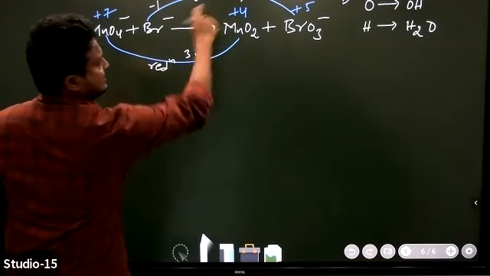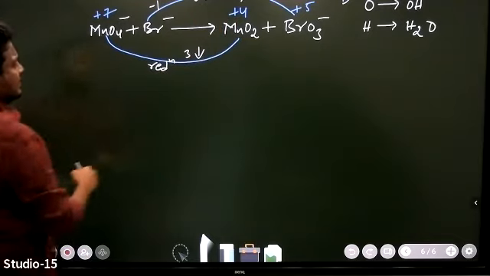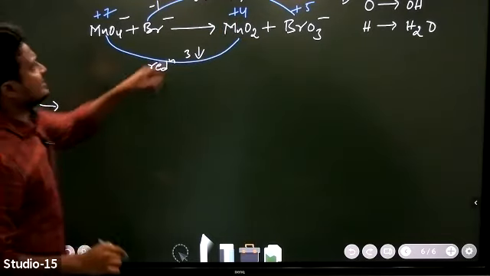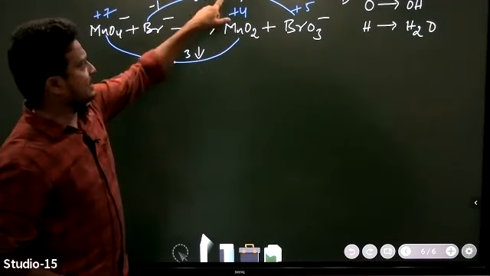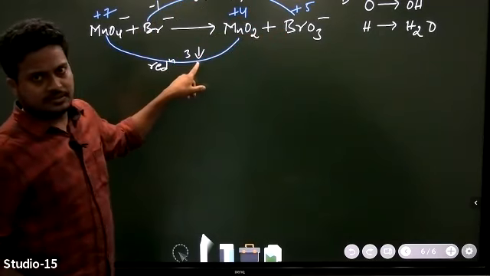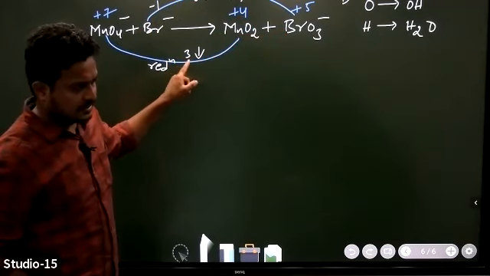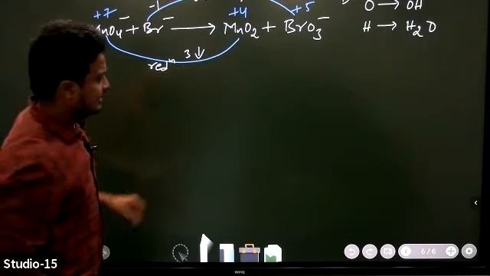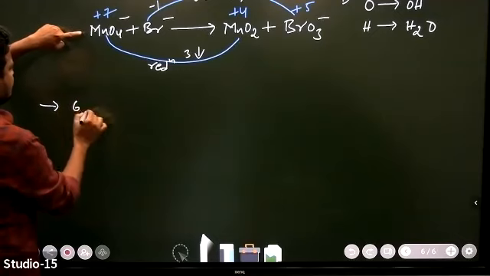So the reduction process is multiplied with 6, and the oxidation process is multiplied with 3. So tell me how much it is.